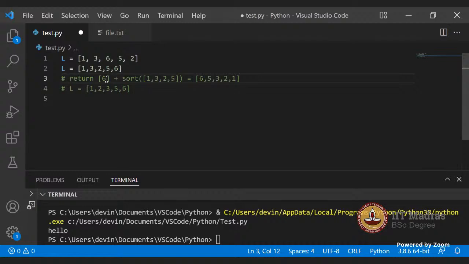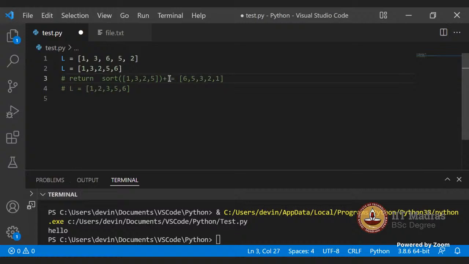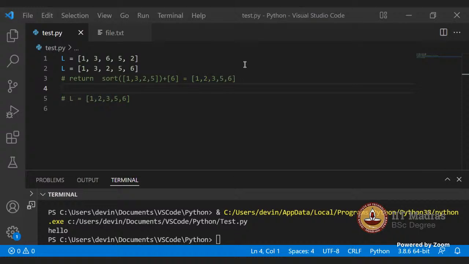The second option is the opposite of it, which is nothing but this plus the element, keep adding at the end. Correct. So now you can see that this will give 1, 2, 3, 5, 6. Okay. Thanks, sir. The other one was just that now we found the maximum value and then used it, right? The other one is we find the minimum value and then we are using it. That's it.